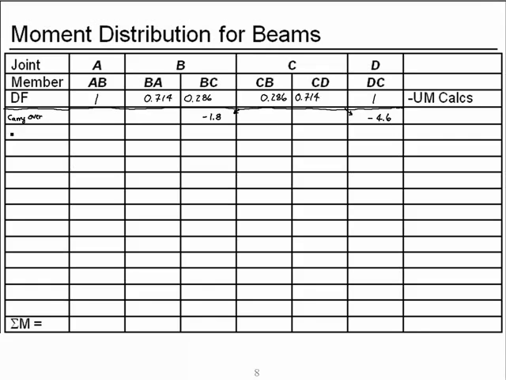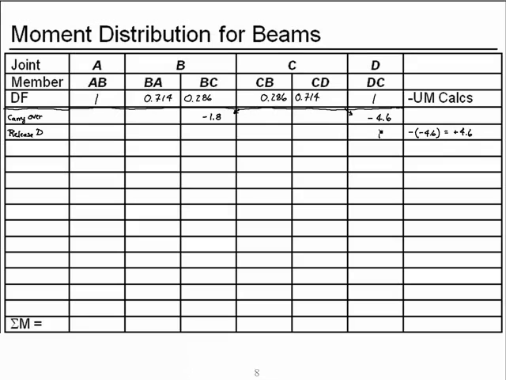And even though it's not the largest unbalanced moment, since I'm here, I'm going to go ahead and release node D. My unbalanced moment is just the negative 4.6, because that node was in equilibrium on the previous page. And so we get a positive 4.6 foot kips to distribute back.